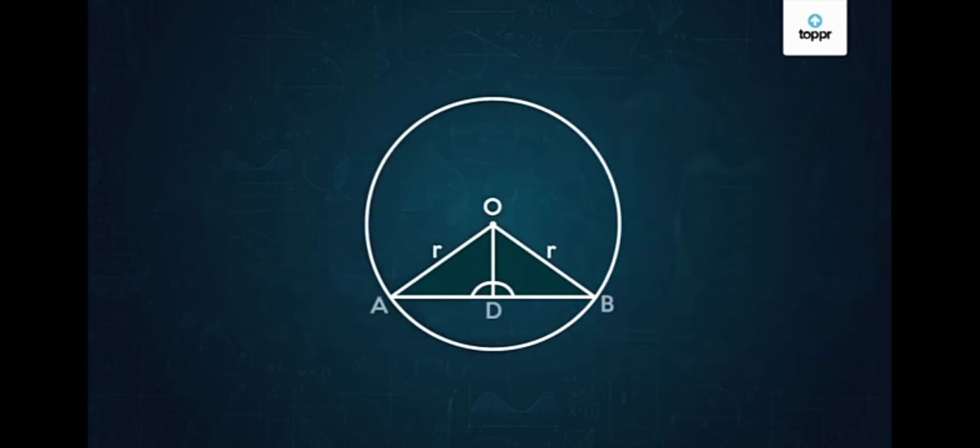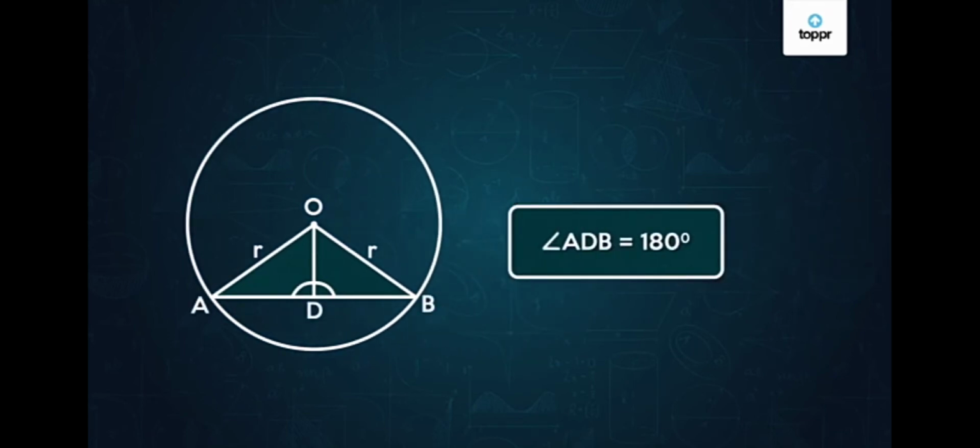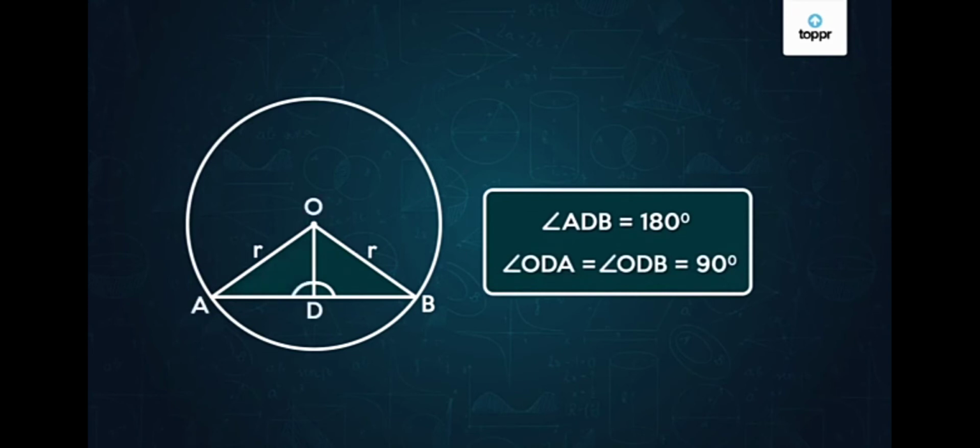But A, D and B lie on the same straight line. So angle ADB is equal to 180 degrees, from which we can conclude that angle ODA and angle ODB are both 90 degrees. In other words, OD is perpendicular to AB.